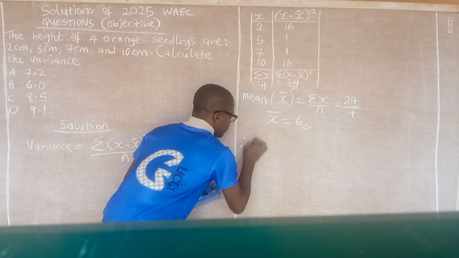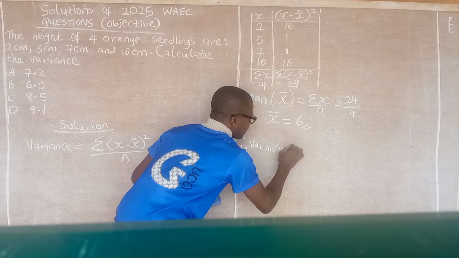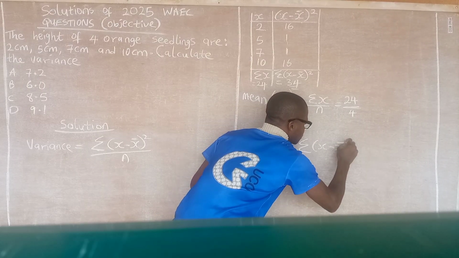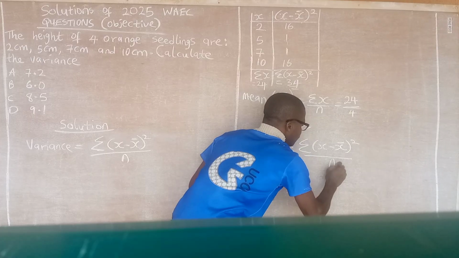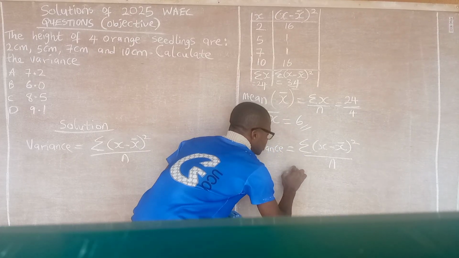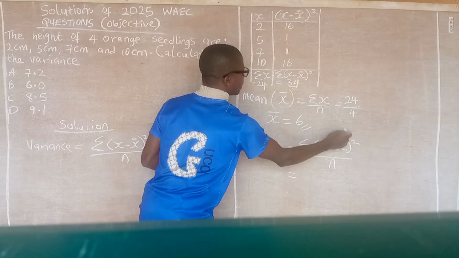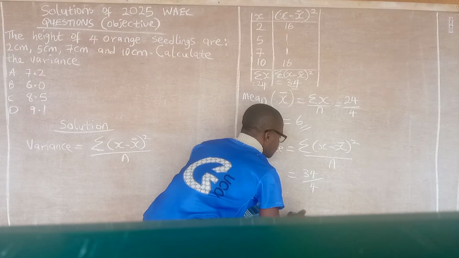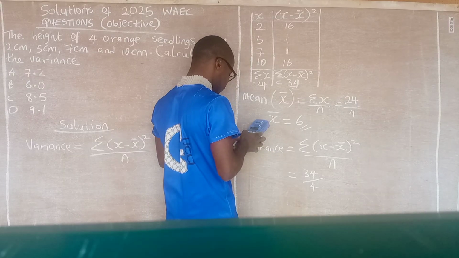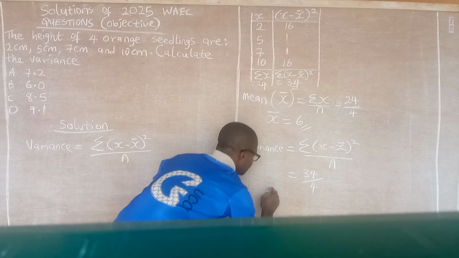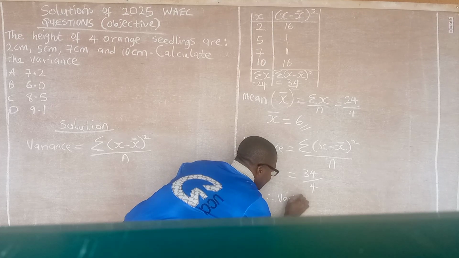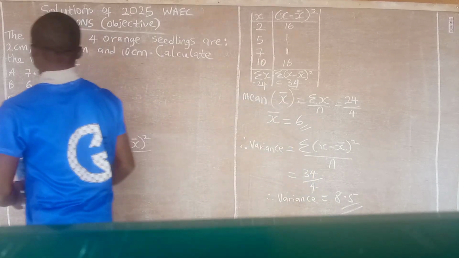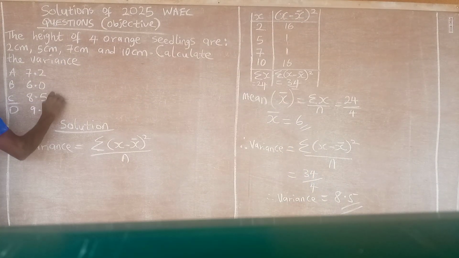Therefore, variance equals summation of x minus x bar squared over number of data, which is 34 over number of data, 4. So 34 divided by 4 is 8.5. Therefore, variance equals 8.5. The answer is option C.